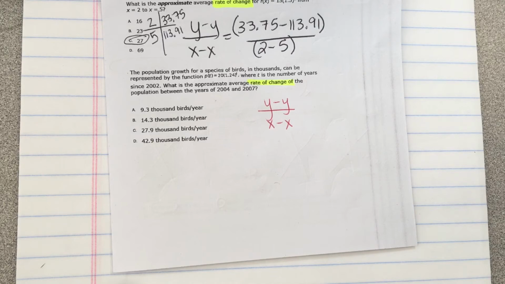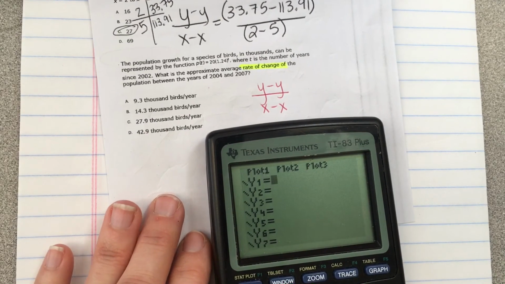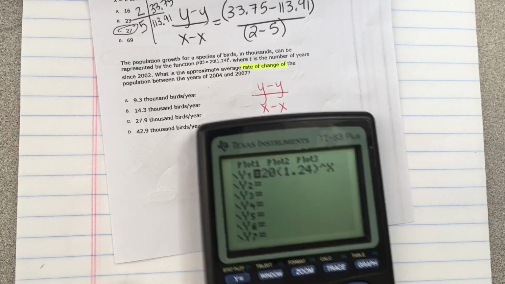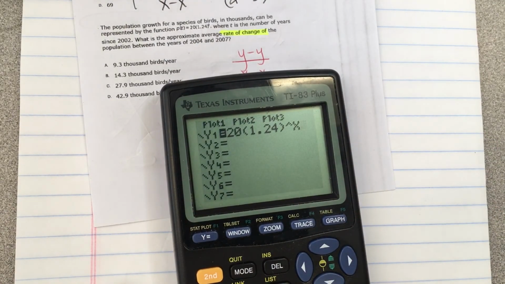All right, what are we gonna do first? Plug it in where? The y equals 20 parentheses 1.24 to the x. You're using an x, not a t. 20, 1.24 to the x.